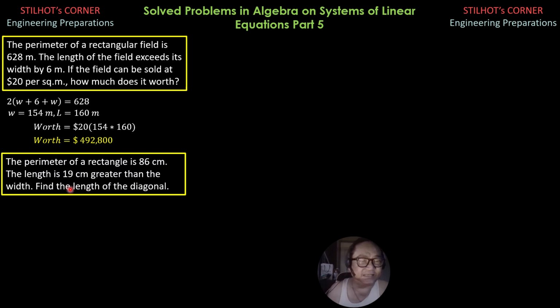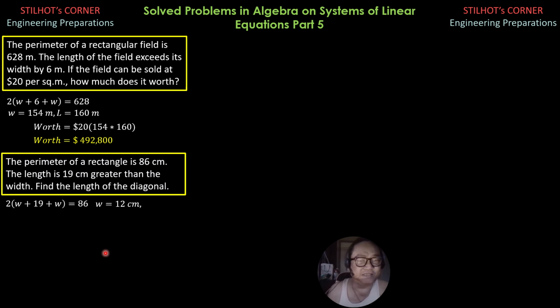So the length is 19 cm greater than the width, so it is W plus 19 if you denote the width as W. Perimeter is 2 times quantity (W plus 19 plus W) and equate it to 86. So 2 times quantity (W plus 19 plus W) is 86.